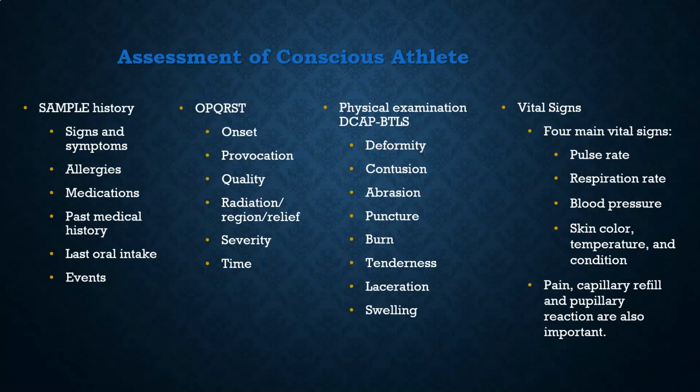You ask about allergies to medications or any contact allergies. Obviously, this is information that would be needed for advanced treatment. Medications: what medications are they currently taking? Again, looking for any possible interactions with medications we might need to administer in the emergency situation.